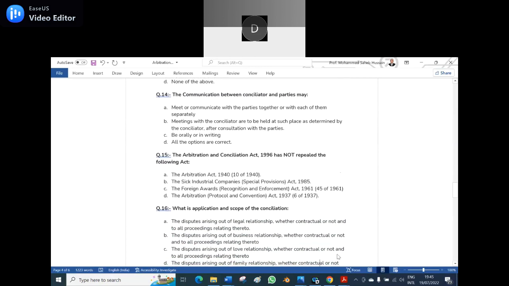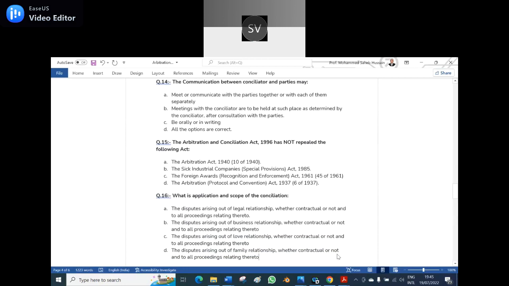The next question, 16th one. What is the application and scope of the conciliation? Option A, the disputes arising out of the legal relationship, whether contractual or not, and to all proceedings relating thereto. Option B, the disputes arising out of business relationship, whether contractual or not, and to all proceedings relating thereto.